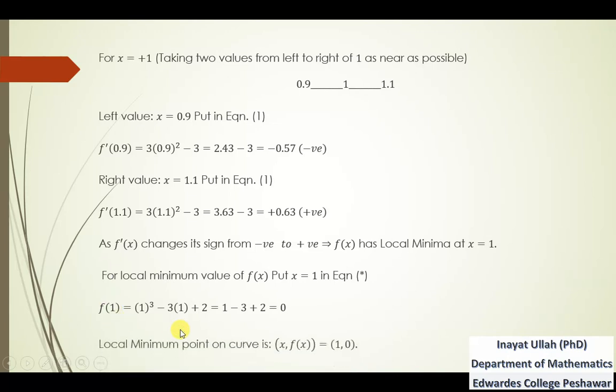So the local minimum point on the curve is x comma f of x, where x is 1 and f of x is 0. So 1 comma 0 is the local minimum point of that function. So this is how we apply the first derivative test to check whether a point is associated with the local extrema of a function.